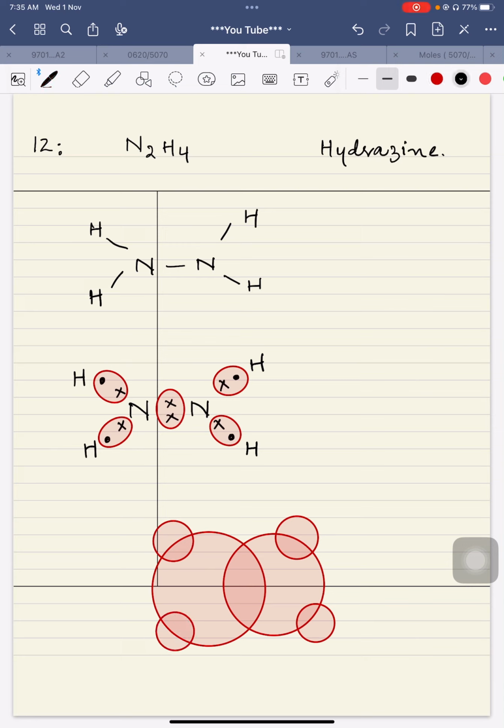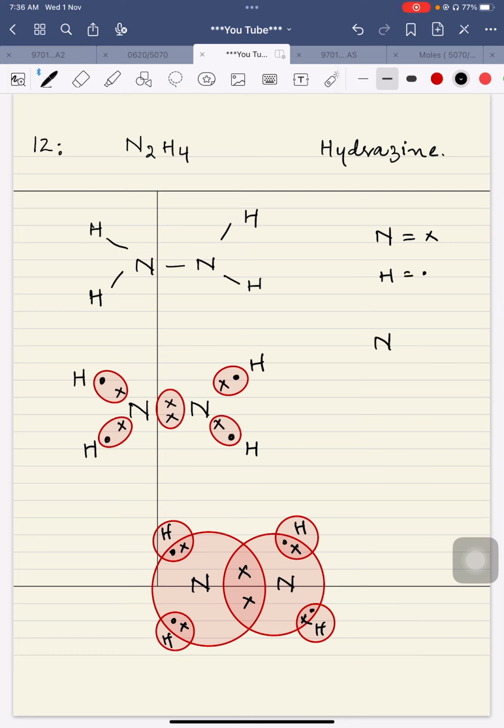All right, so this is nitrogen here. To make the colors clear, I'm writing with the black for you, so you can see this is dot and cross, cross, cross, dot and cross. For your convenience, I'm writing the key over here. This is nitrogen, which is with the cross, whereas hydrogen is with the dot.